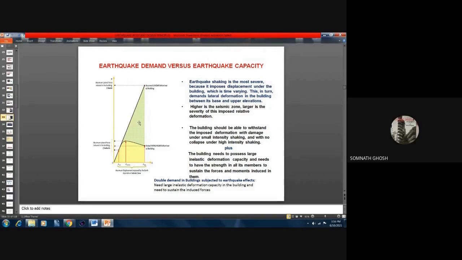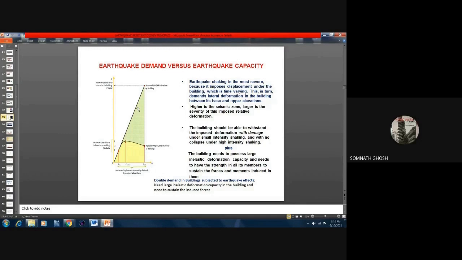Now I'm just reading out this. Earthquake shaking is most severe because it imposes displacement under the building, which is time varying. This in turn demands lateral deformation in the building between its base and the upper elevations.